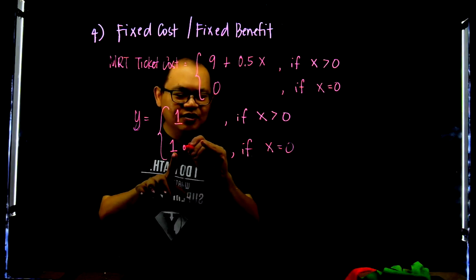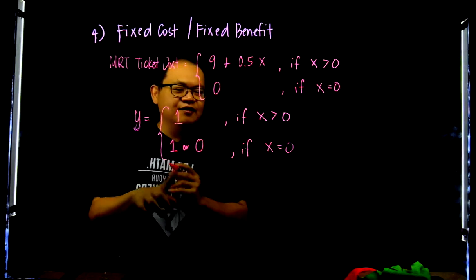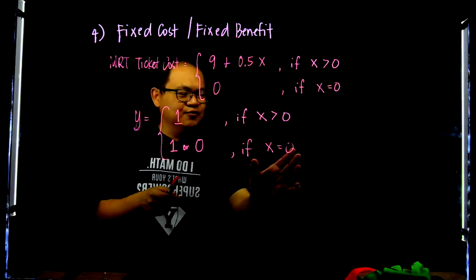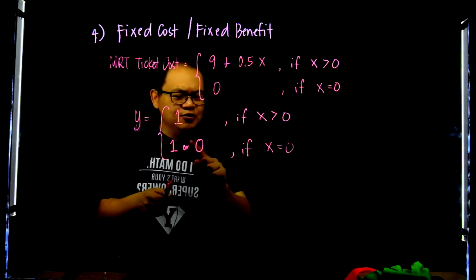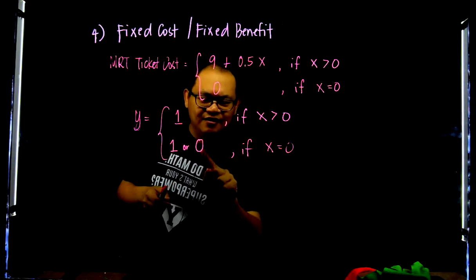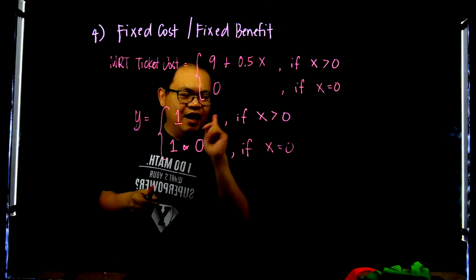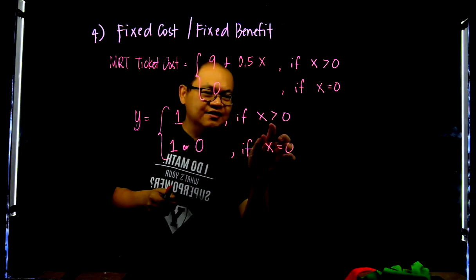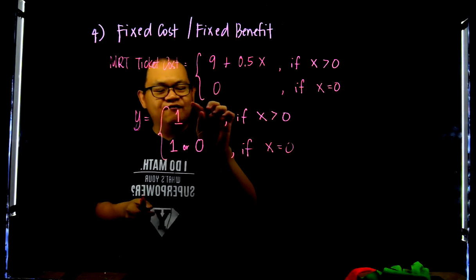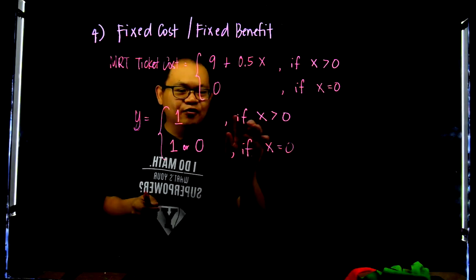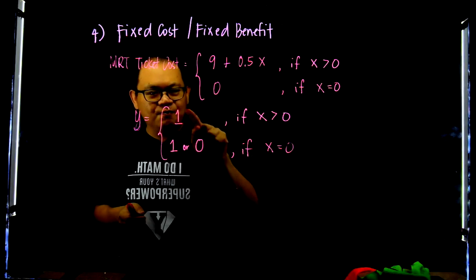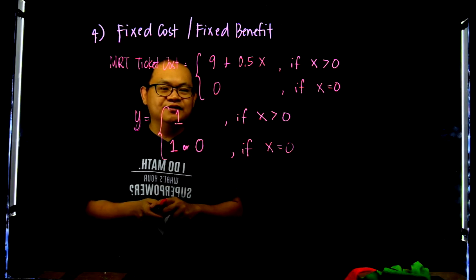However, you can also opt not to pay the fixed cost. So technically, if x equals 0, meaning you don't ride the MRT, you may pay the fixed cost or you may not pay the fixed cost. However, if you ride the MRT, it is a mortal sin not to pay the fixed cost. Therefore, the only option for riding the MRT is for you to pay the fixed cost.